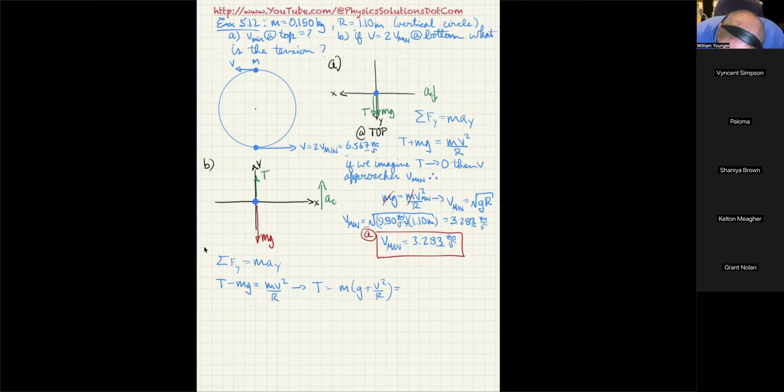Now I can start putting in the numbers. The mass is 0.150 kilograms. g is 9.80 meters per second squared. And v squared over r is going to be 6.567 meters per second squared over 1.10 meters.